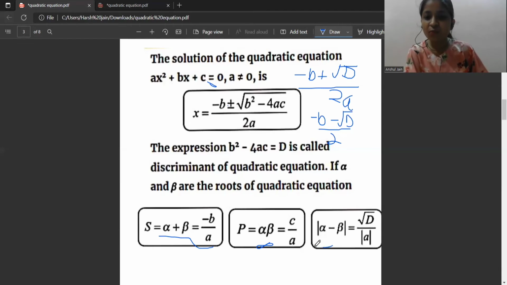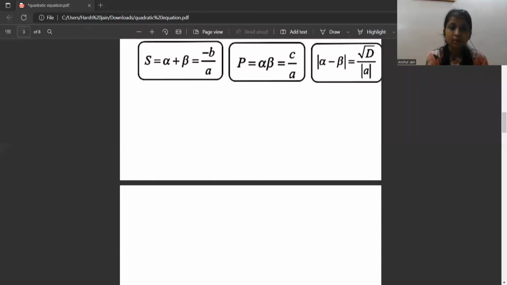And this is a formula you can learn for now to find the difference between the roots of the quadratic equation: under root discriminant upon magnitude of a, right? Till now, I hope everything is clear to you, right?